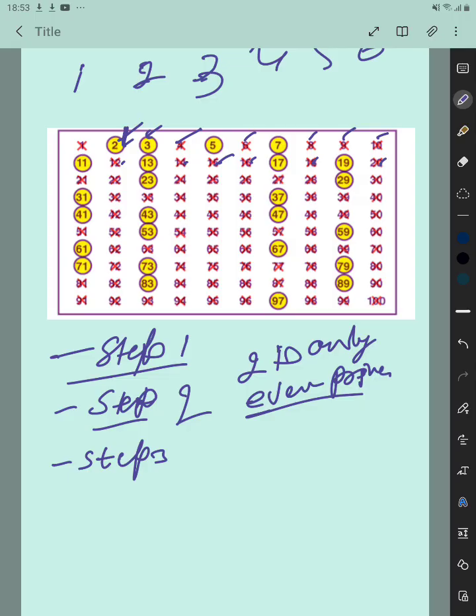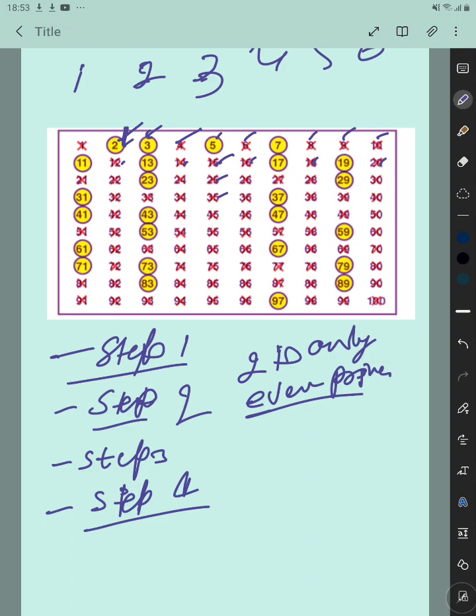Now we come to step 4, and we will divide by 5. 5 itself is a prime number, so we'll divide the others by 5. We'll get numbers like 25 and 35.